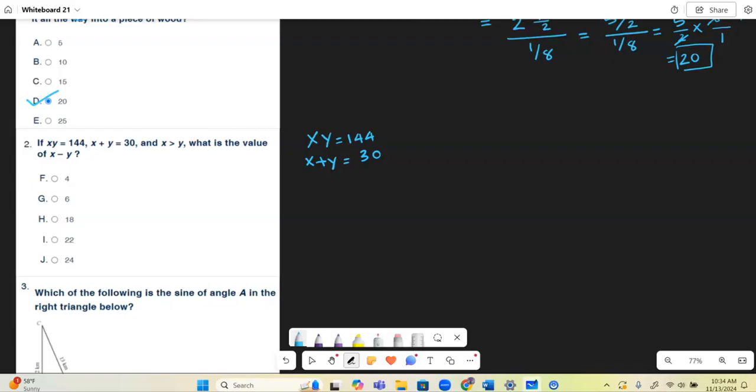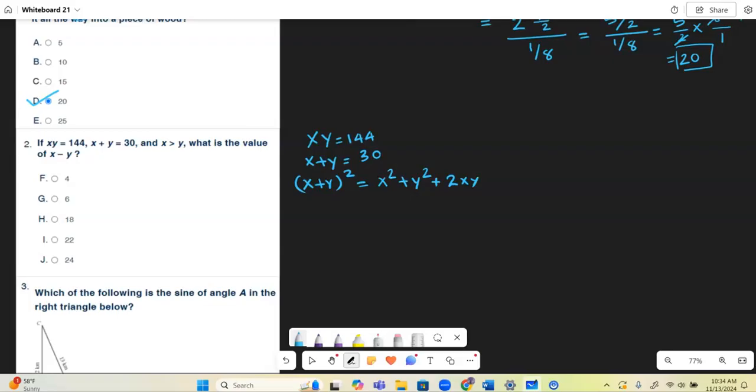Okay, so this problem we need to approach completely in an algebraic way. Use the identities. The first identity you can use: x plus y to the power 2 can be expressed as x square plus y square plus 2xy. So that is the first identity.